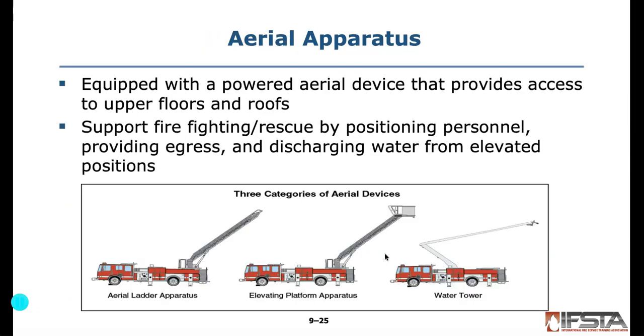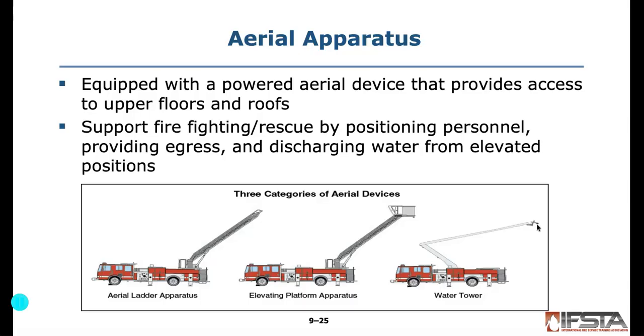Our aerial apparatus, there are several different types. You have an aerial ladder, elevating platform. The platform here is your bucket, and a water tower, which is a pre-plumbed water supply, and a nozzle on the truck itself. These are going to be equipped with powered aerial device that provides access to upper floors and roofs.